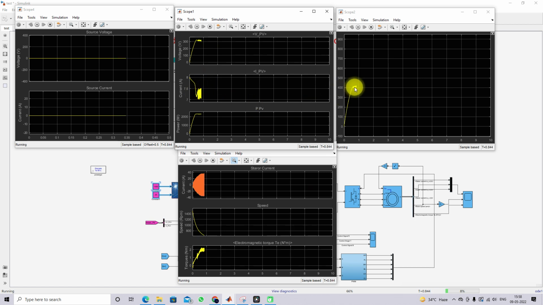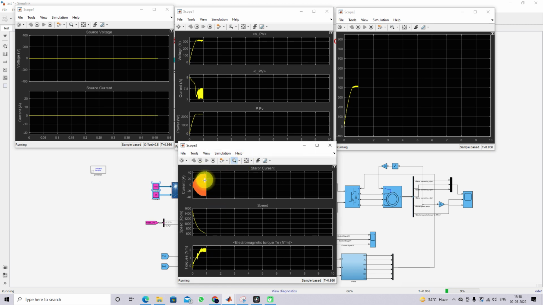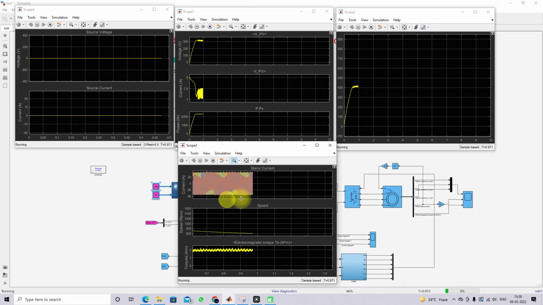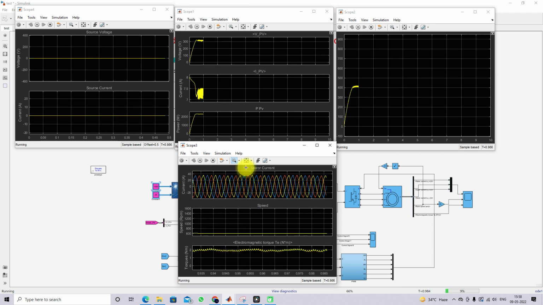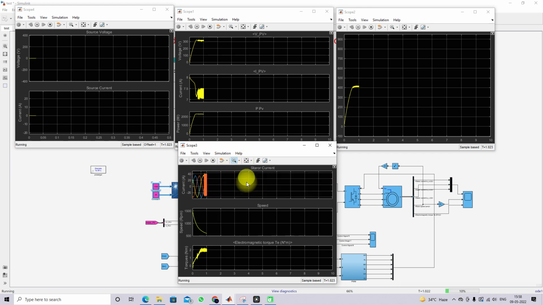So here we are hitting the DC voltage around 410 volt, right? And then here you can see that the torque of the induction machine is maintained at 2 Newton meter, and then here you can see the current of the machine. The peak current is around 35 amps.